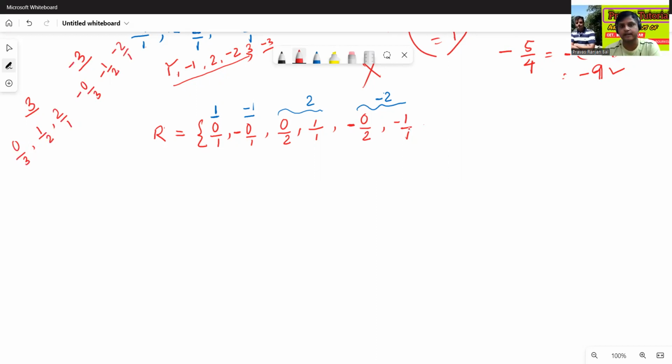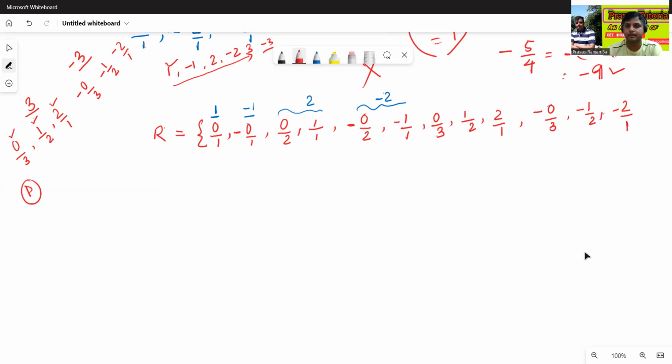Finally, we write 0. But we have to follow the increasing order of p. P value equals 0, first we write this one. P value equals 1, then we write this one. P value equals 2, then this one. 0 by 3, 1 by 2, 2 by 1, then minus 0 by 3, minus 1 by 2, minus 2 by 1.